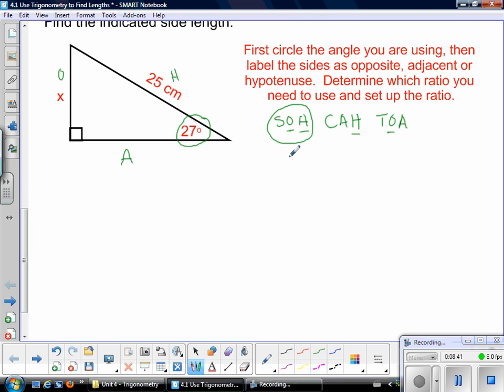So I'm going to write down its little formula, and it goes sine of theta equals opposite over hypotenuse. There's my formula, a matter of substituting in. My theta is 27, so I have sine of 27 degrees equals opposite, which is my x, over hypotenuse, which is 25.